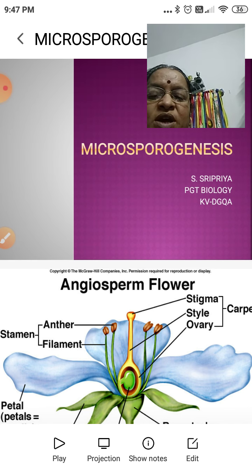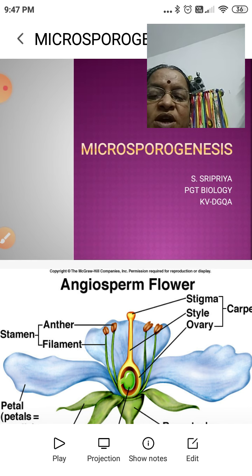So this picture gives the cross section of the pollen grain, showing two cells inside. Now let's start from the outermost exine. You can see it is not continuous. In certain places it leaves gaps, that is called the germ pore.